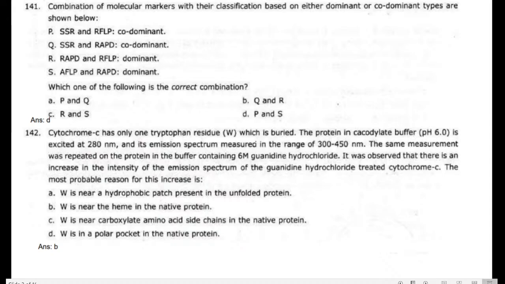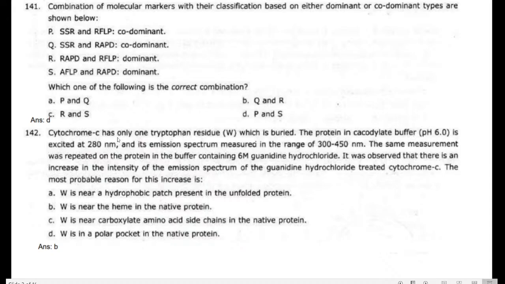In RFLP, the particular restricted DNA having a similarity between all the organisms is stored, so these two, restriction fragment length polymorphism and random amplified polymorphic DNA, are dominant.